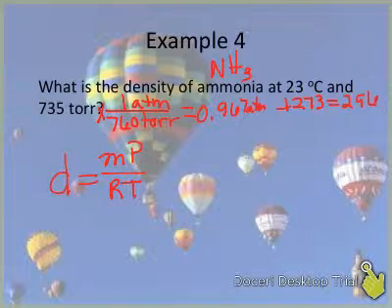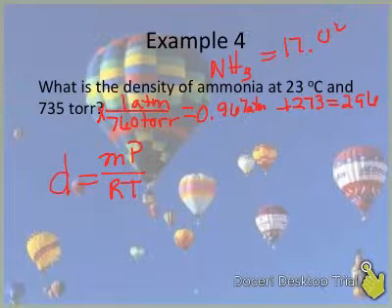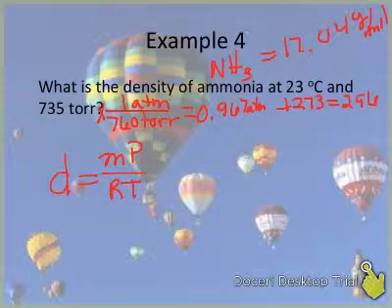We can use a periodic table and look up the molar mass. So nitrogen is 14. Hydrogen is 1, but we have 3 of them. So 14, 15, 16, 17. So the molar mass of ammonia is going to be 17.04, I think, technically. Yeah, 0.04 grams per mole, and I ran out of room a little bit.